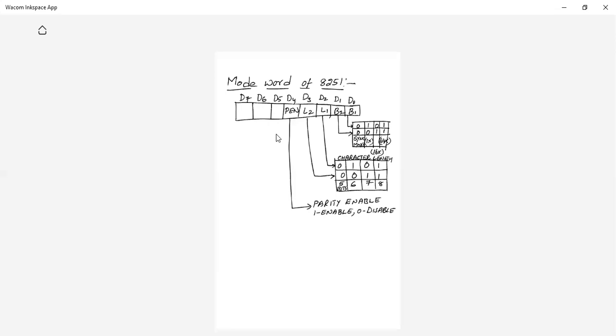So the next one is EP, even parity generation or check.